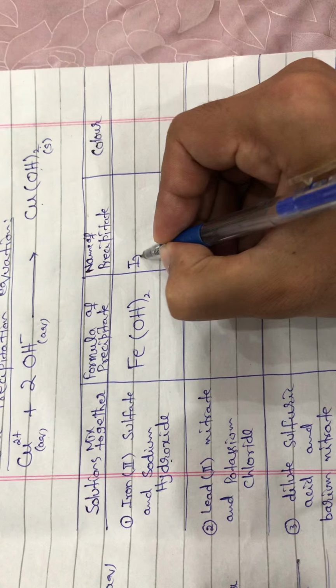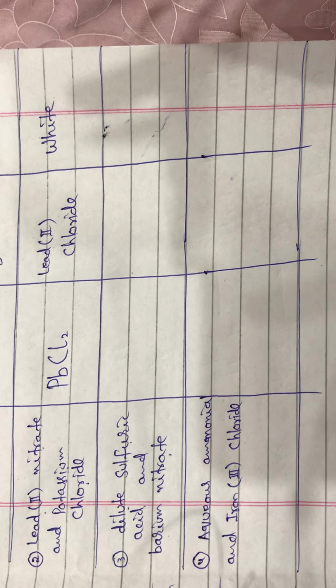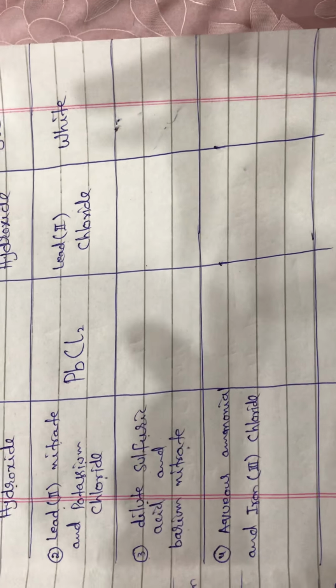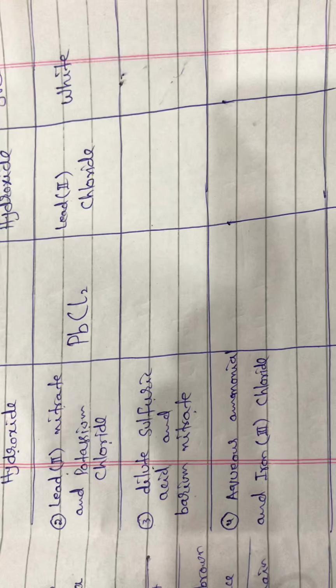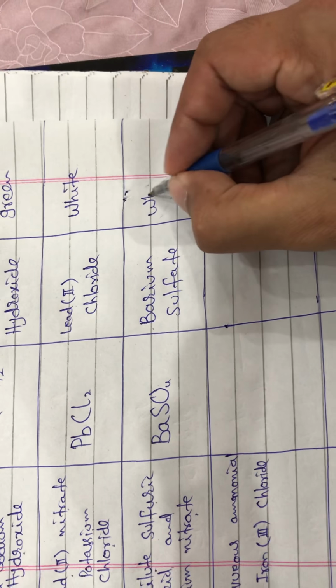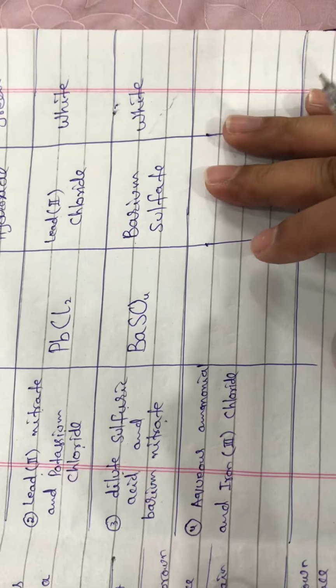Dilute sulfuric acid added in barium nitrate, we had discussed it with the example like dilute sulfuric acid when added in barium chloride, but over here another soluble salt of barium, we had used barium nitrate. So over here the precipitate will form barium sulfate, so name is barium sulfate, and it will also result the white precipitate.